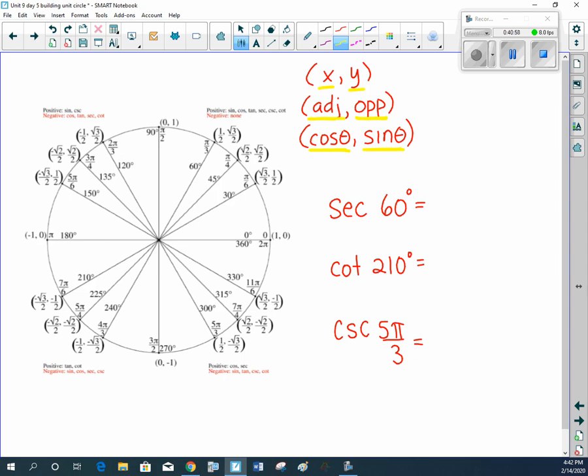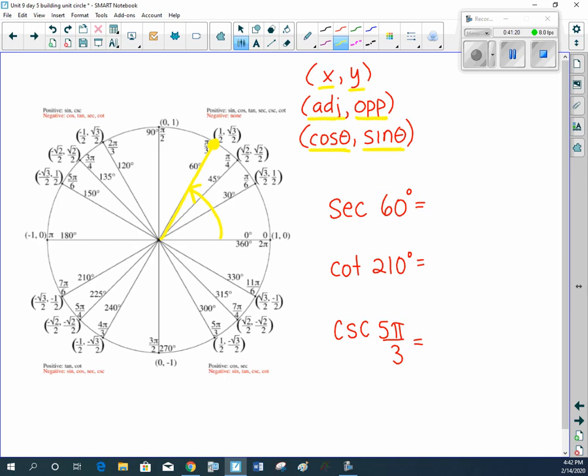Okay, so back to our secant of 60 degrees. So we start here. We've got to figure out where that point is. So we always start on the positive x-axis. We rotate. We find out what our terminal side is. We follow it to the point. Okay, I'm looking for secant. There is no secant in the ordered pair.